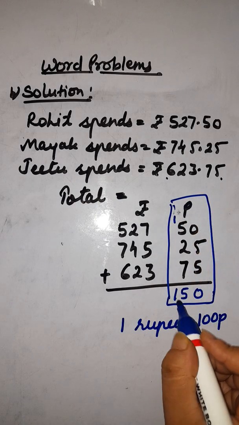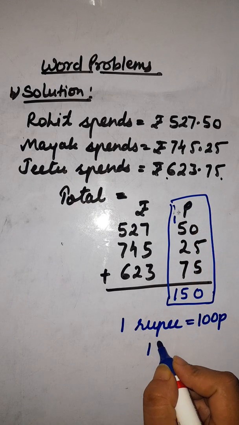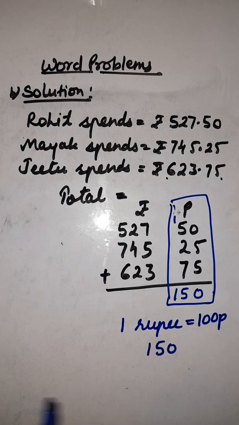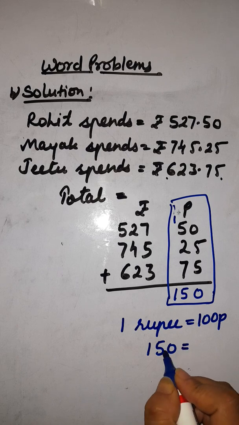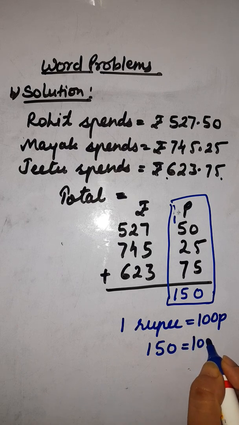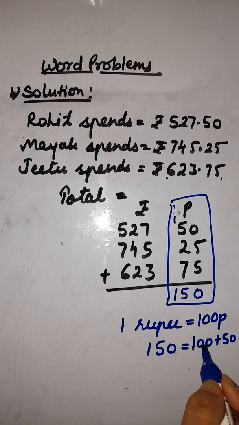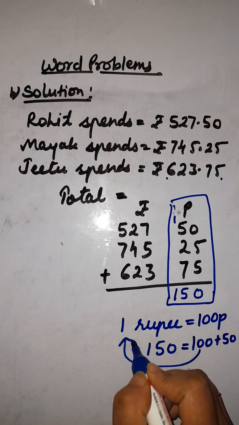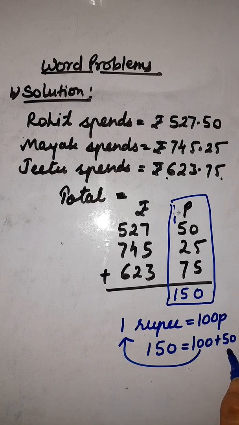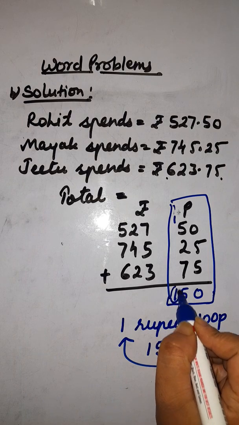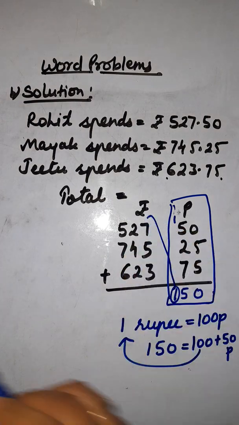When we expand this number 150, it means 100 plus 50. So 100 means 1 rupee. 100 paise makes 1 rupee, and this is paise. So this one will go to the rupees column here.